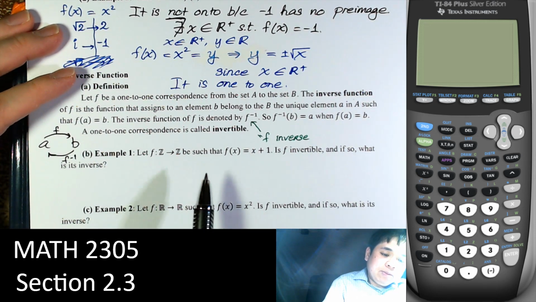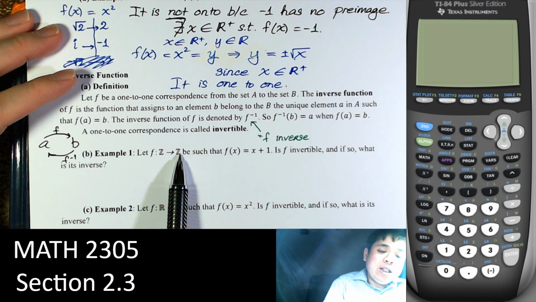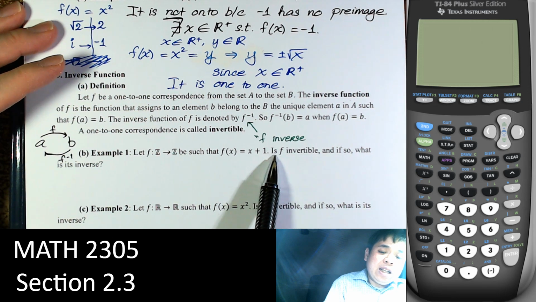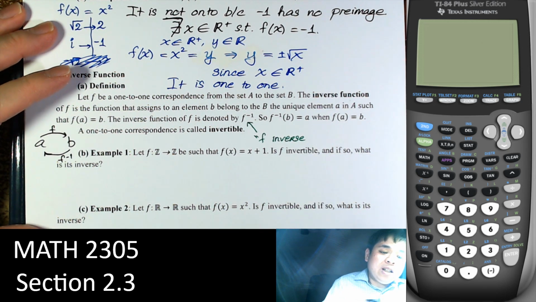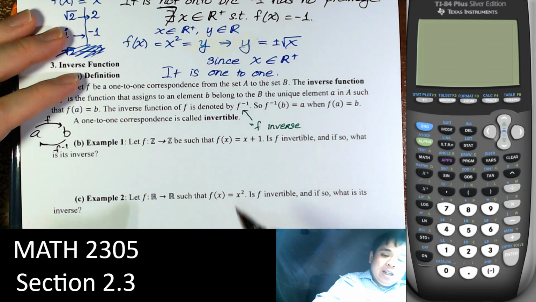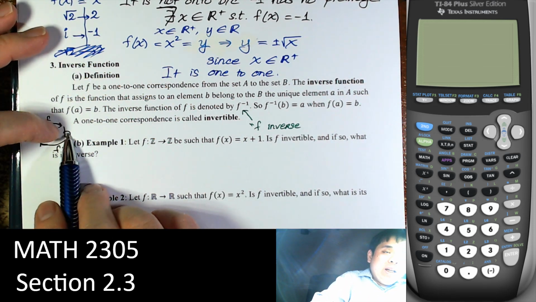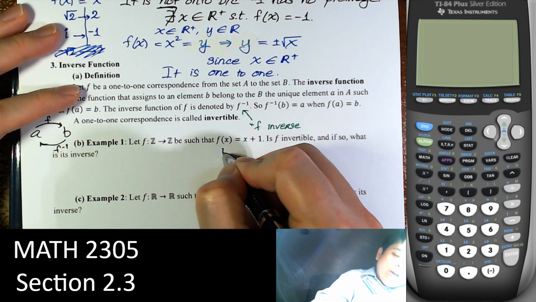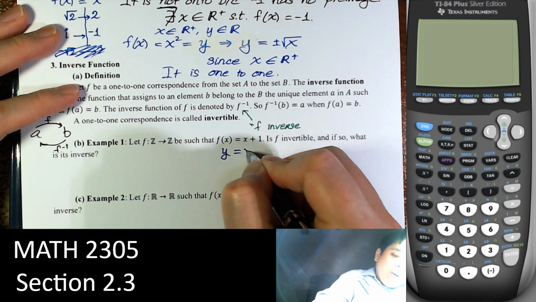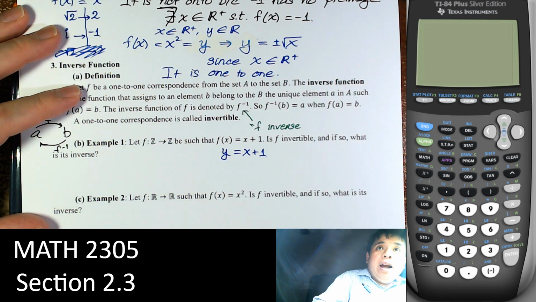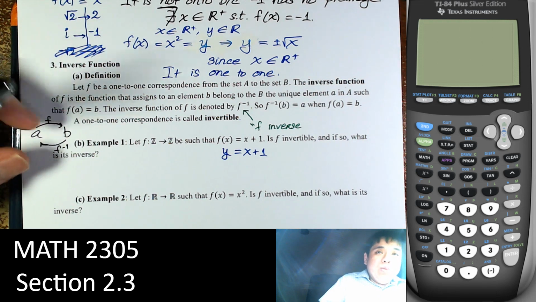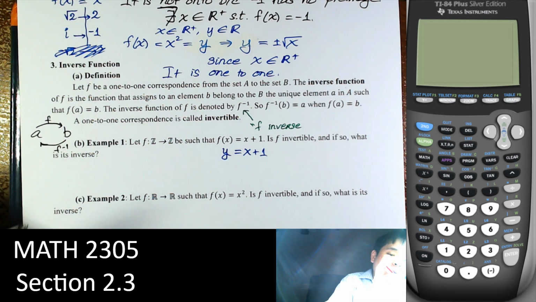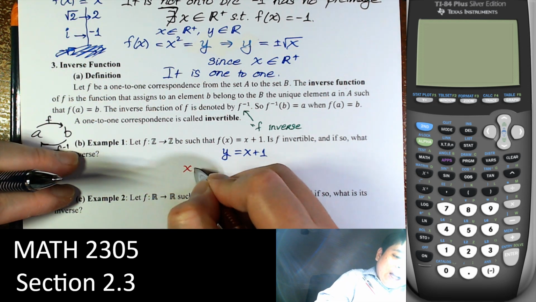Now let f be a function from the integers to the integers determined by the given rule. Is f invertible? If so, what is the inverse? Well, it's easy. Instead of going from A to B, we go from B to A. So we replace f(x) by y, and now, from B back to A, we switch the roles, so we just switch the x and y.